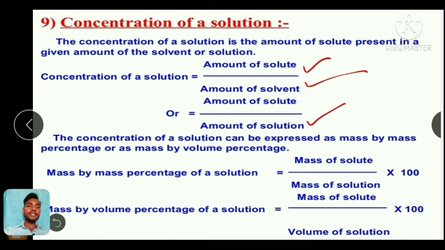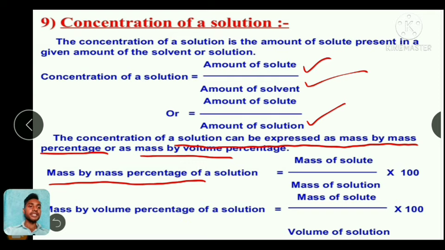The concentration of the solution can be expressed as mass by mass percentage, mass by volume percentage, and sometimes volume by volume percentage. In case of mass by mass percentage, we take the mass of the solute and the mass of the solution into 100. So we are taking the answer in percentage over here.